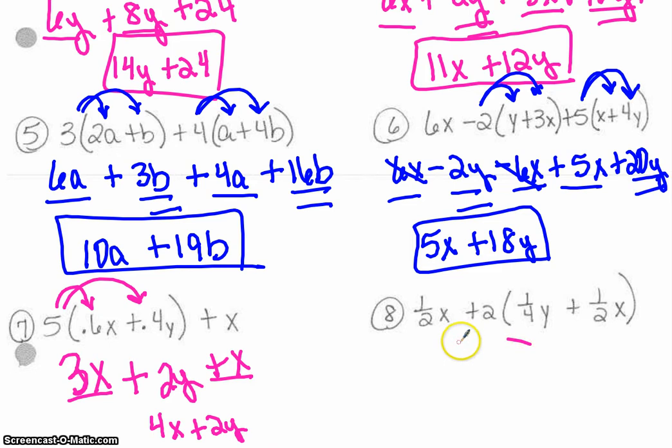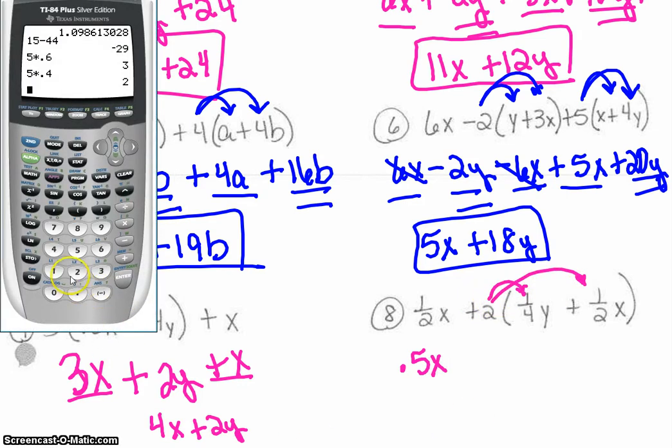Once again, we have fractions. Either turn them into decimals or just use your calculator, but don't worry about it. So my guess is you don't like 1/2 x and you would rather rewrite that as 0.5x. Then you're going to distribute your 2. The only thing you got to be careful about is when you're putting it in the calculator, it is 2 times, open parentheses, 1 divided by 4.